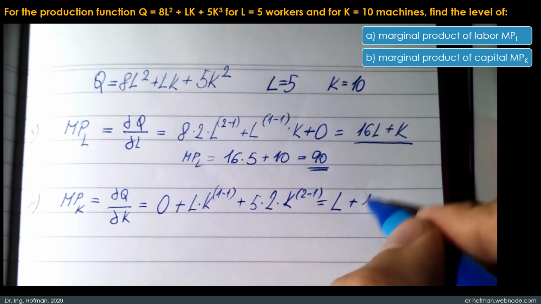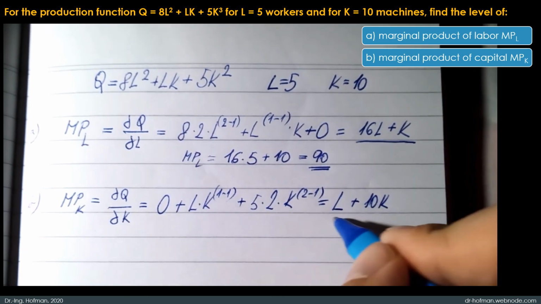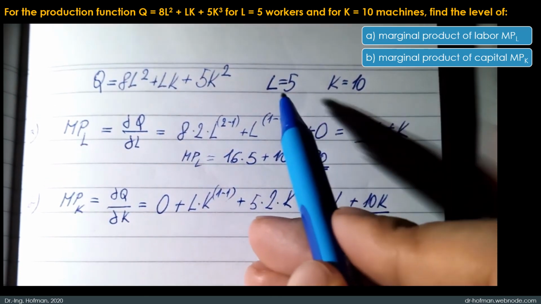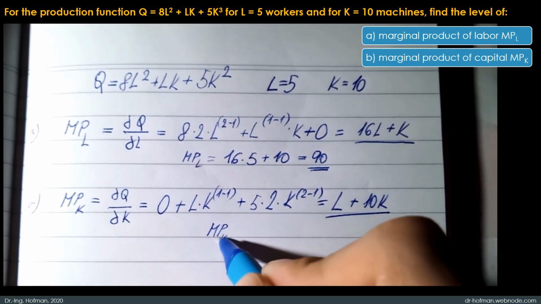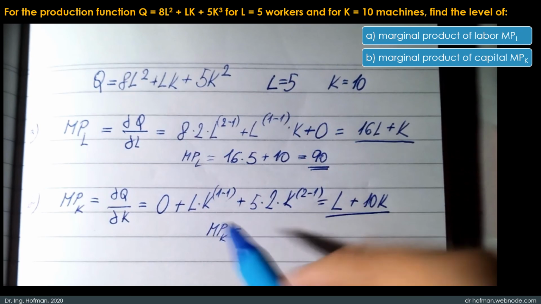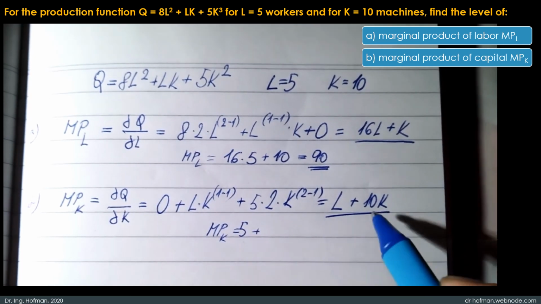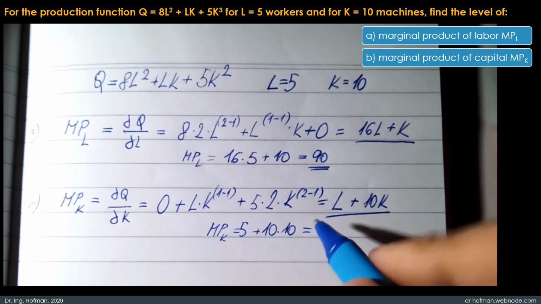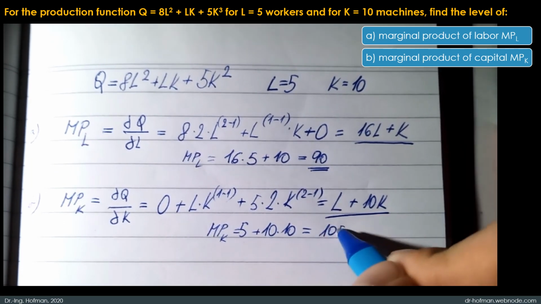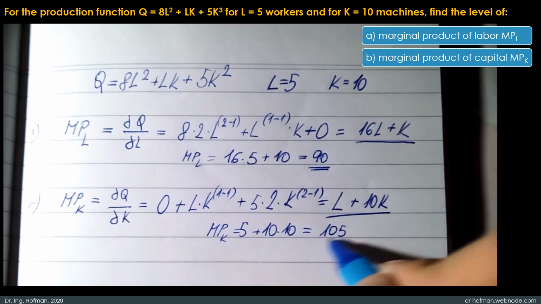It means, simplified, L plus 10K. Let's use L is 5 and K is 10, which was given, and we can express marginal product of capital, which is 5 plus 100, it means 105.